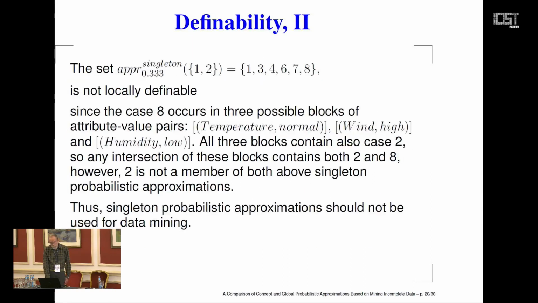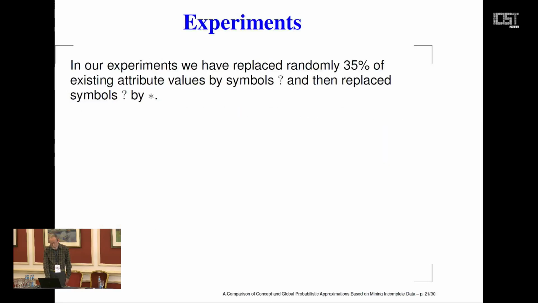You can show that singleton probabilistic approximations are not so good, because occasionally approximations are not locally definable, so you cannot find a rule set. In our experiments, we didn't use singleton approximations, we used only concept approximations.